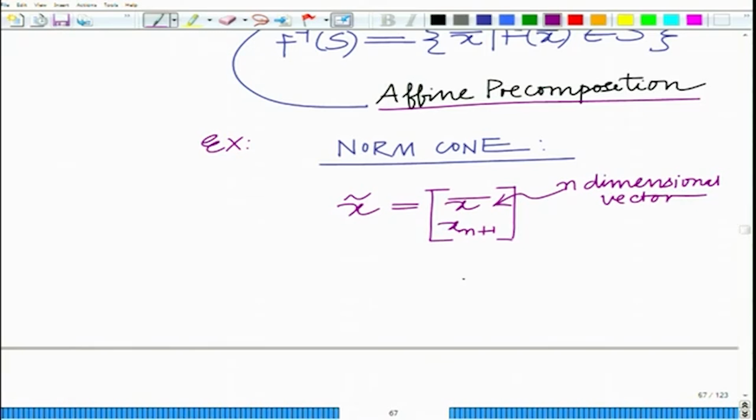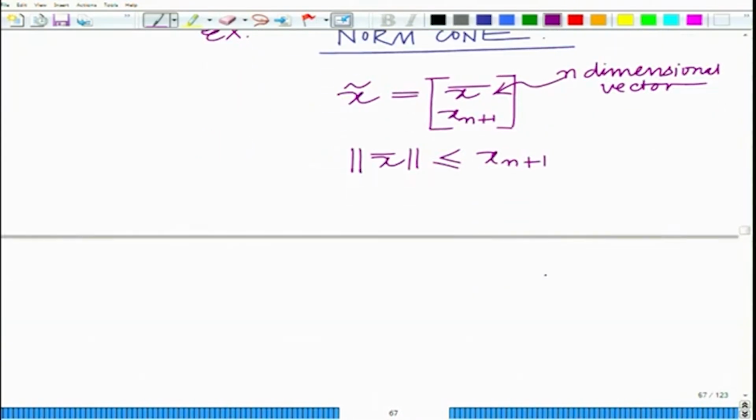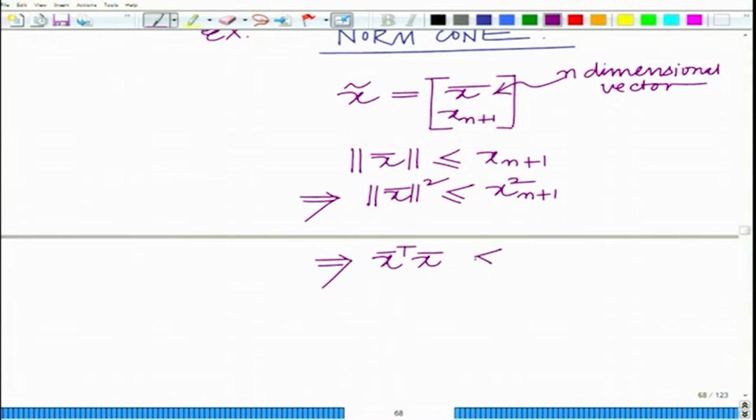You have an n dimensional vector x bar and another element, the n plus 1th element x n plus 1, and the norm cone is described by the set norm of x bar less than or equal to x n plus 1, which implies that norm x bar squared is less than or equal to x squared of n plus 1, which implies that x bar transpose x bar is less than or equal to x squared of n plus 1.